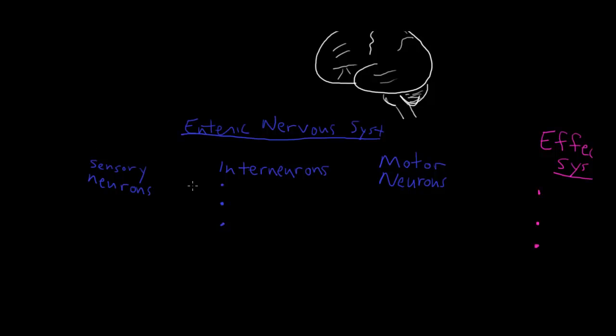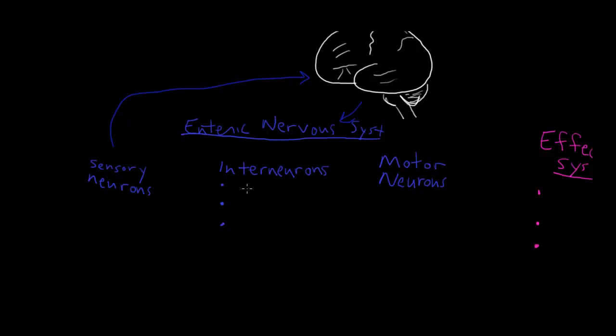So the sensory neurons could send signals along two pathways. It could send a signal back up to the brain. Your brain will process that information, and then it could send that signal back to the enteric nervous system. Again, it's an indirect pathway.